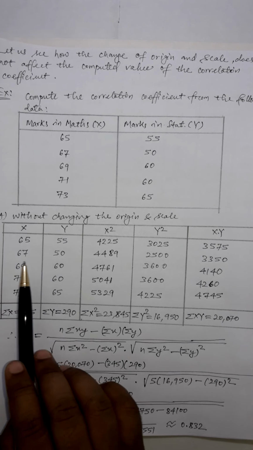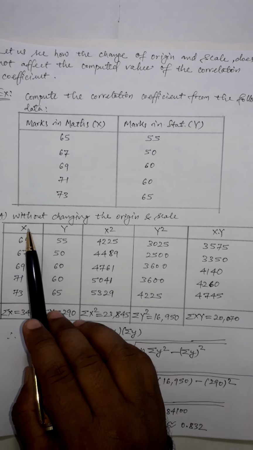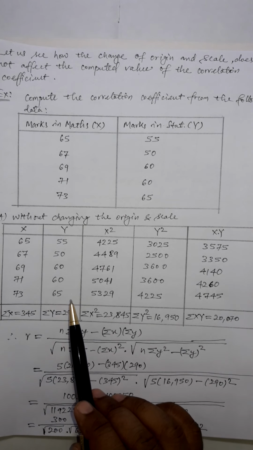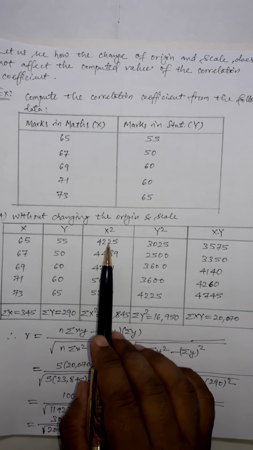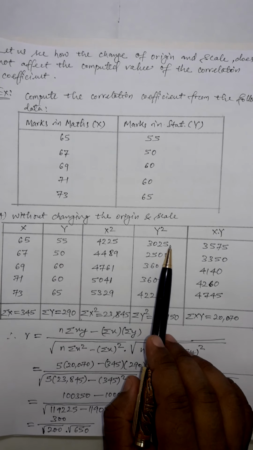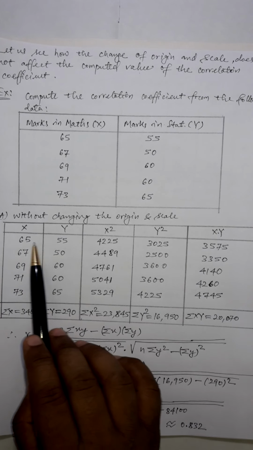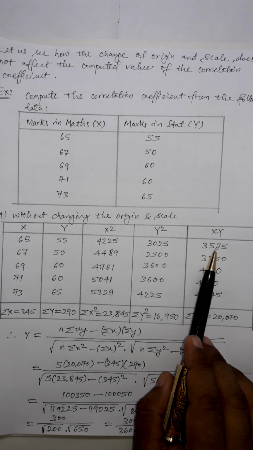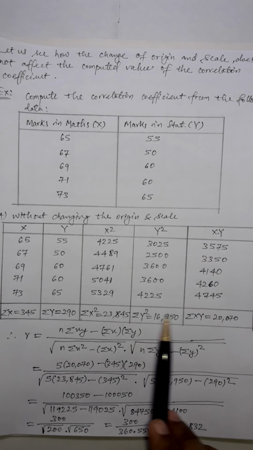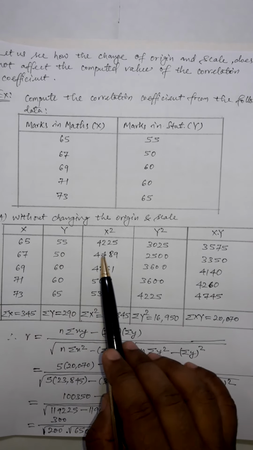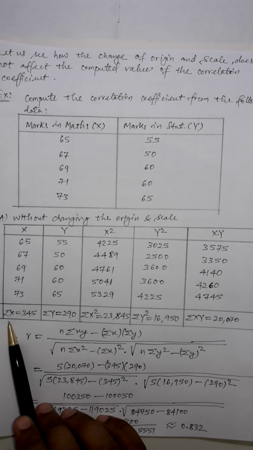For that I have to make a table of 5 columns, write down x and y values, write their respective x square values, their respective y square values, multiply respective x and y values with each other and write in the xy column, and find the total of each column.